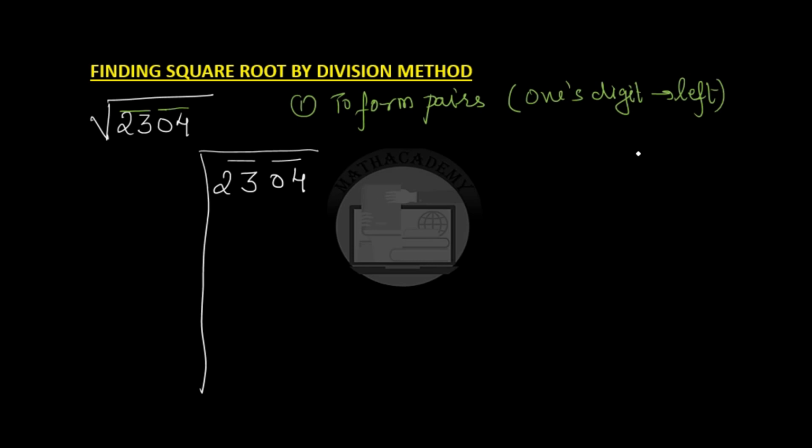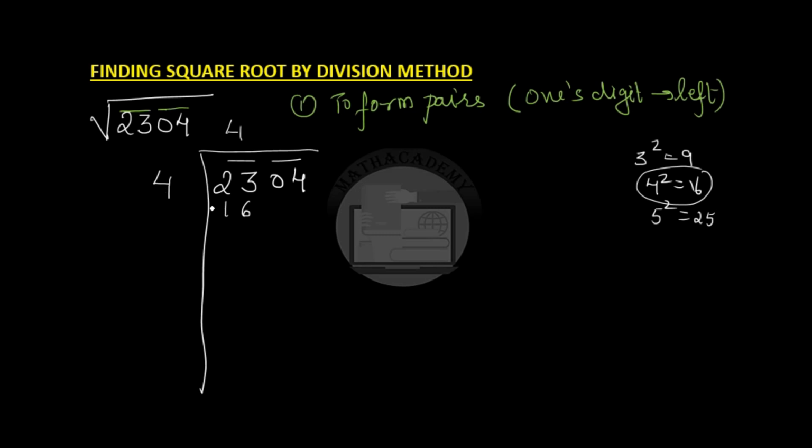We know that 3 square is 9, 4 square is 16 and 5 square is 25. So we take 4 square, 16, because it is less than 23. So we write the number 4 whose square we are taking. 4 4s are 16. 23, the first pair, becomes our dividend and the number 4 becomes the divisor.